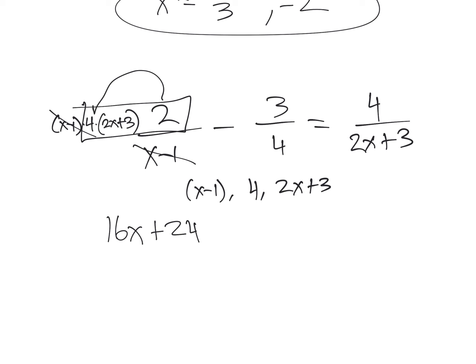I took the 2 times the 4. This is all multiplication, so I can take 2 times 4 first if I want. And then I distributed the 8 to 2x and got 16x. And 8 times the 3 is the 24. However you want to do it, just make sure you get 16x plus 24.